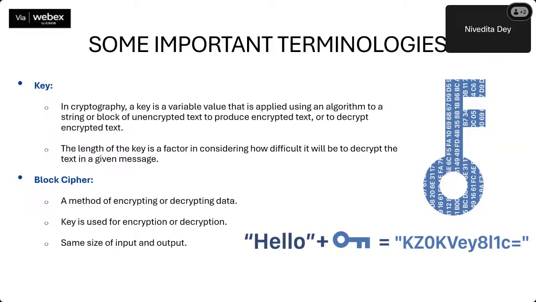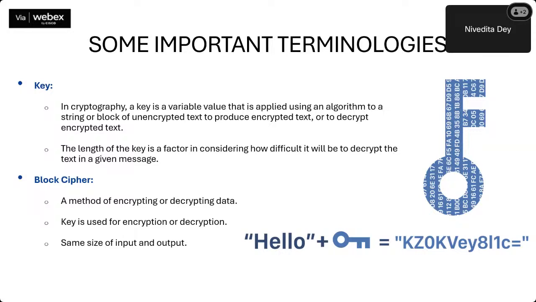In cryptography, a key is a variable value that is applied using an algorithm to a string or block of unencrypted text in order to produce the encrypted text, or similarly used in the decryption algorithm to decrypt the encrypted text. So the key is the factor that enables proper encryption or decryption, because the data itself is not a complete one.